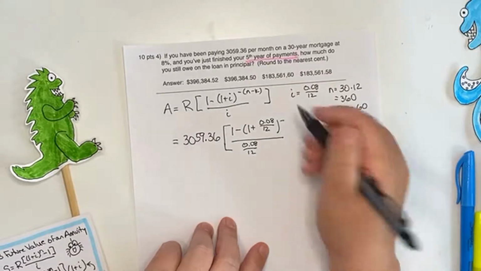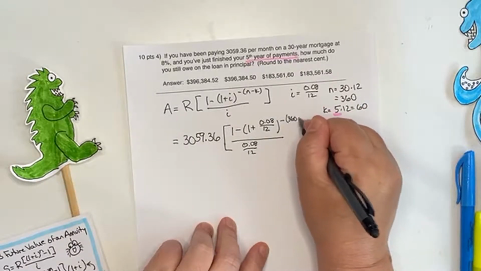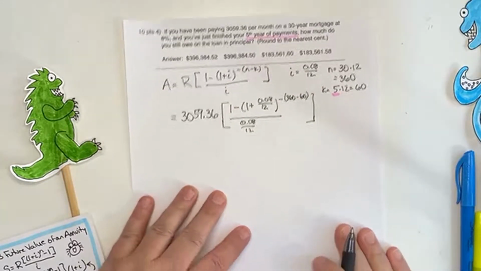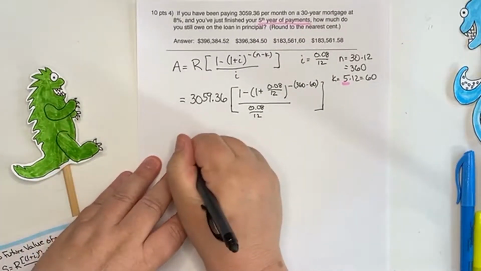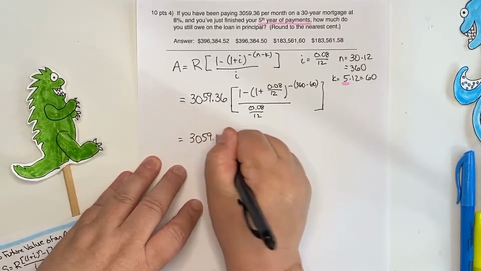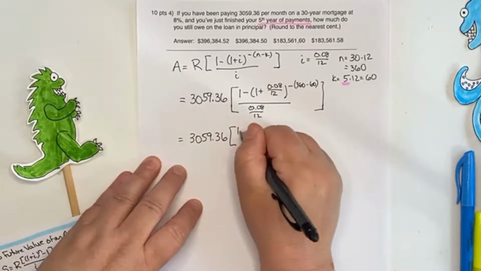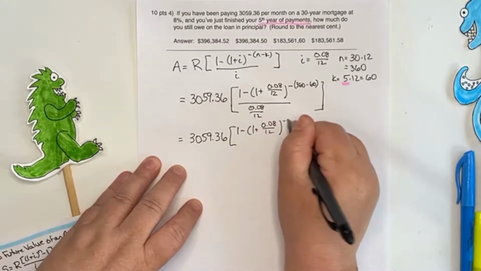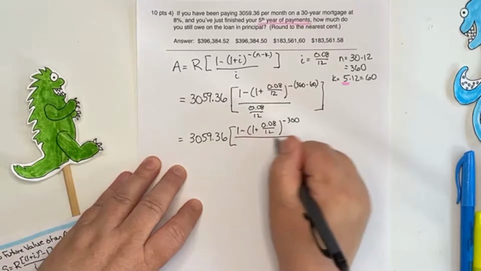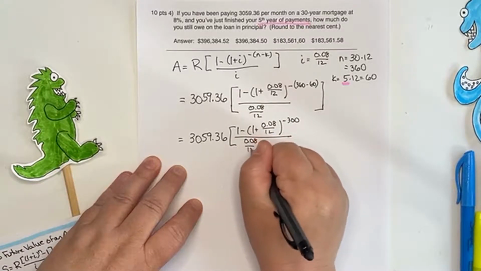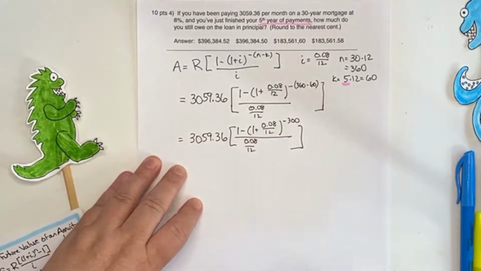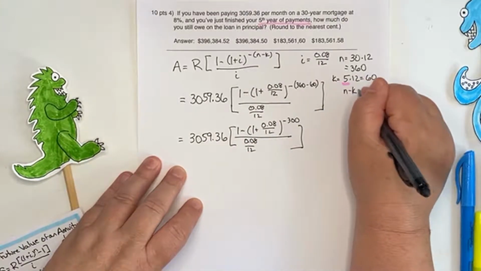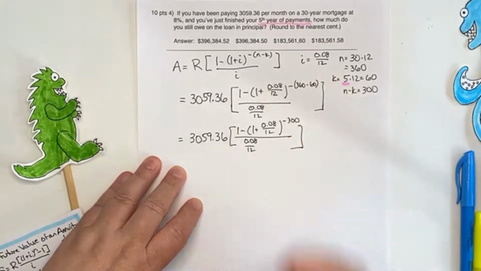So we're going to have 360 minus 60. So you have finished 60 payments, so there are still 300 payments ahead of you. Depending on what you want to do, you don't have to write this all out. You could figure out what n minus k was right off the bat and not have to write it twice.